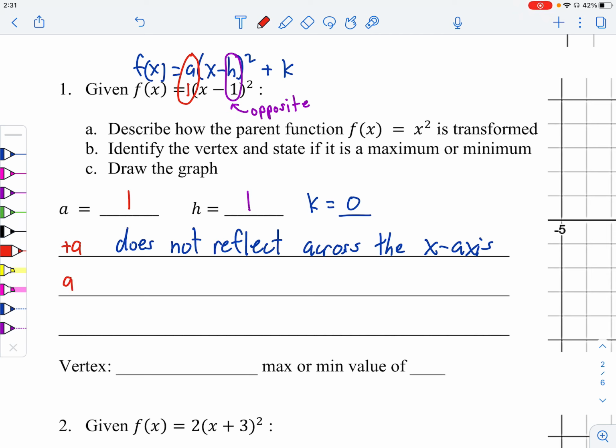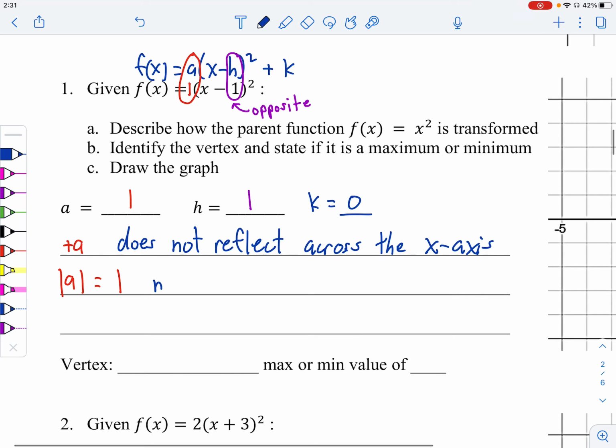Then we take absolute value of a. Remember, absolute value is distance. So distance is always positive. So it's just a positive version of 1, which is still positive 1. And you multiply everything by 1, it does nothing. It's just itself. So this is no vertical stretch or compress.